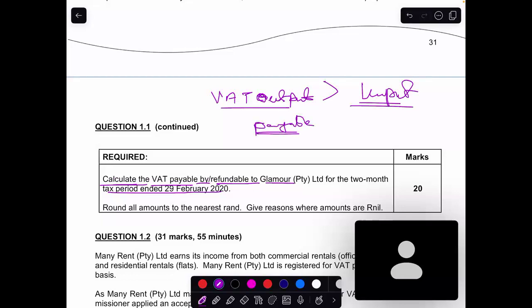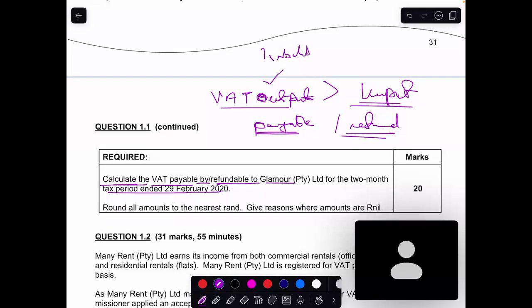Payable to SARS. But if it is the other way around, VAT output less than VAT input, we're going to have VAT refundable.